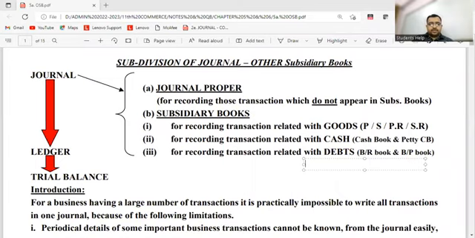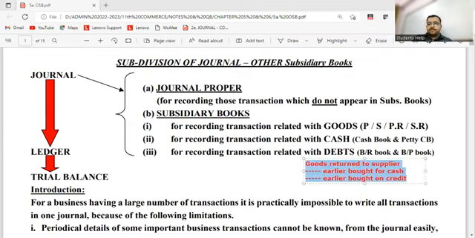Goods returned to supplier, earlier bought for cash, or I can say earlier bought on credit.